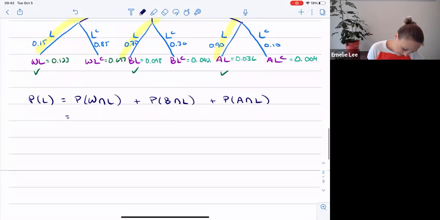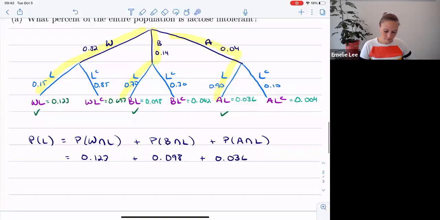And so we find that it's 0.123 plus 0.098 plus 0.036. Notice that a lot of work went into constructing this tree diagram and finding these probabilities at the end of each branch. But instead of doing it piecewise and just the bare minimum of what you need, I prefer to label all my branches, find the probabilities at the end of each branch, and then refer to that for the rest of my questions.